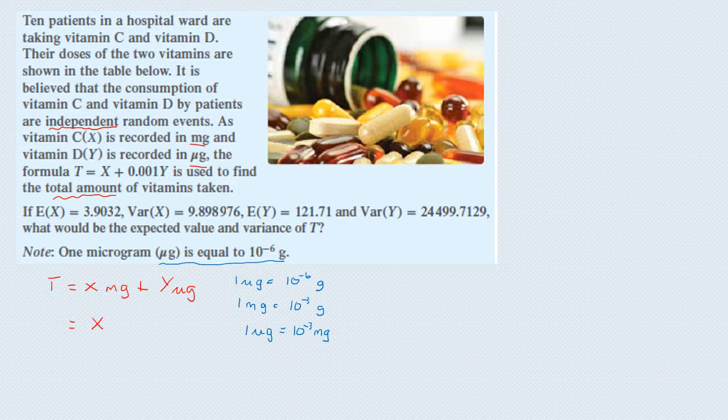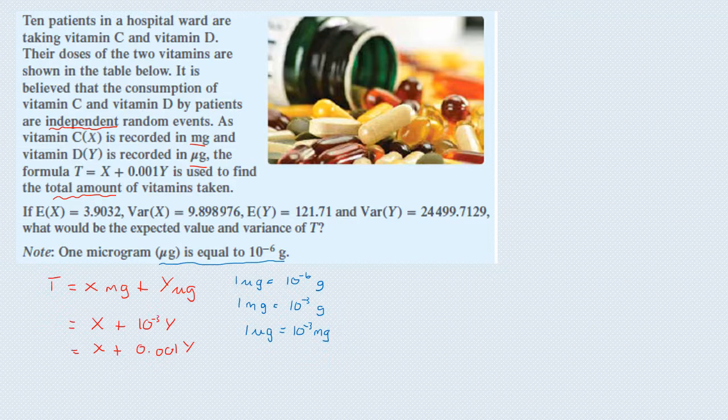So this is where we get X plus 10 to the negative 3 Y, or, as given up earlier, X plus 0.001 Y. Now we can use the formulas that we've just worked out to find the mean and variance for T, because all that we've done here is change the units, or change the scale.